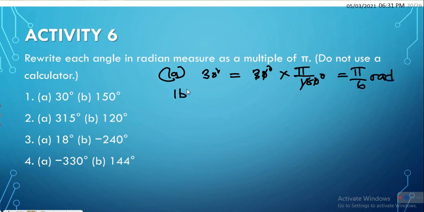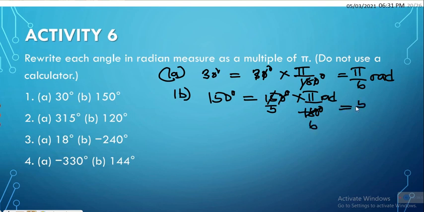For 1b, that's 150 degree times pi over 180 degree radian. So 0 cancels 0, 3 into 15 is 5, 3 into 18 is 6, and this is 5 pi over 6 radian.